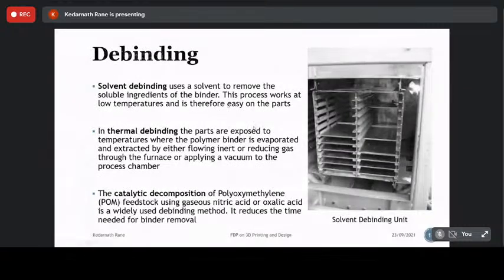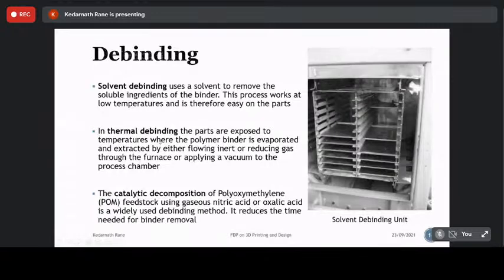You can either use water or some kind of petrochemical liquid to remove the binder constituents, and therefore it is very easy to handle such parts. But when it is solvent debinded, we call it a solvent debound part. They are very, very fragile. The handling is a challenge through this process.